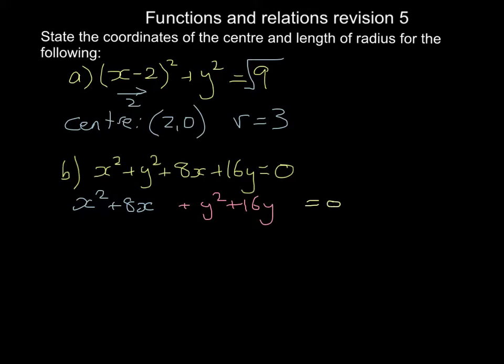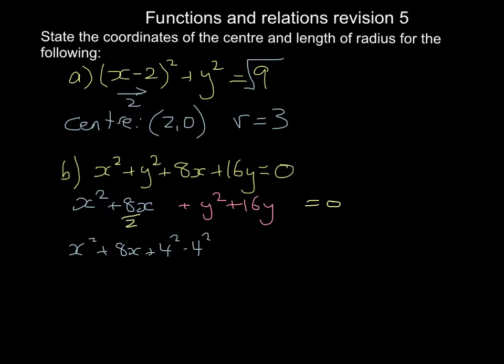We need to complete the square, so the way that we complete the square is we get the coefficient of the middle term. So with the x's it's going to be 8 and we divide that by 2. 8 divided by 2 is 4. So this will end up being x squared plus 8x plus 4 squared minus 4 squared. So whatever we add we have to subtract as well, or you can go by adding it to the other side instead of subtracting it on the left hand side.